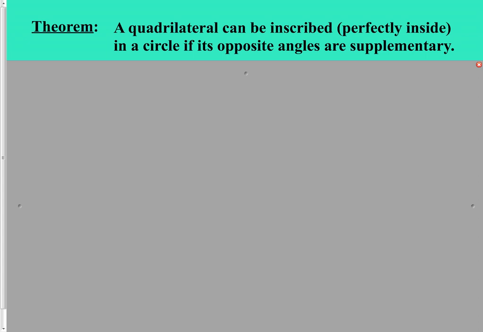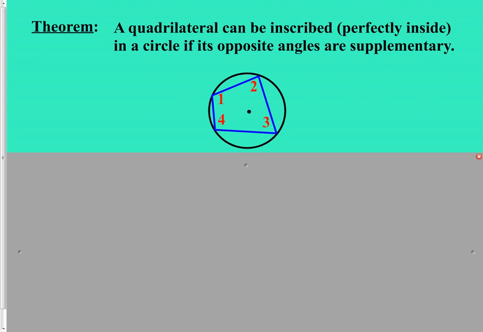If a shape fits perfectly inside of another one, we say that that shape is inscribed inside of another shape. So a quadrilateral can be inscribed in a circle if its opposite angles are supplementary. This one's less obvious. I'll explain it to you in class so you can get a good idea. Okay, but here is an example of a quadrilateral that is inscribed inside of a circle.